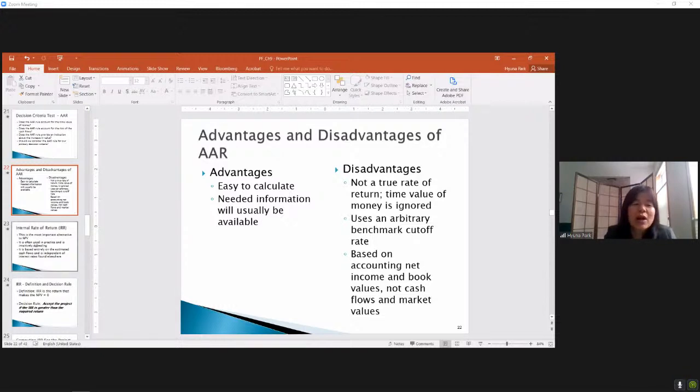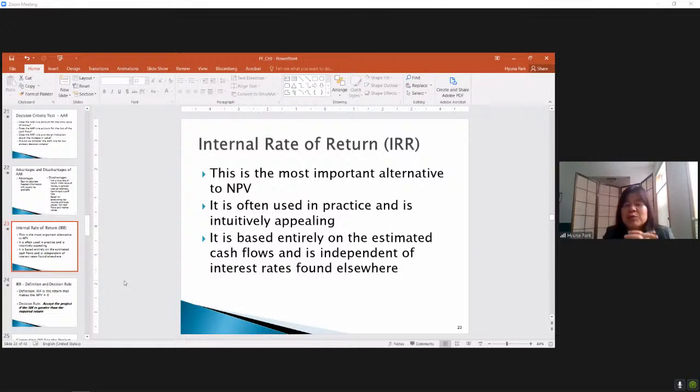So the last one, not the last one, we have this one and the profitability index. The second important tool next to NPV is IRR, the internal rate of return.